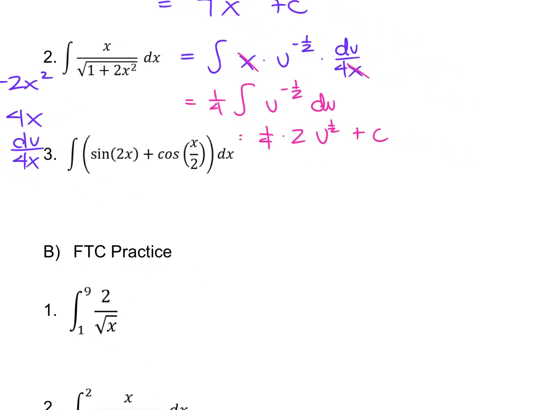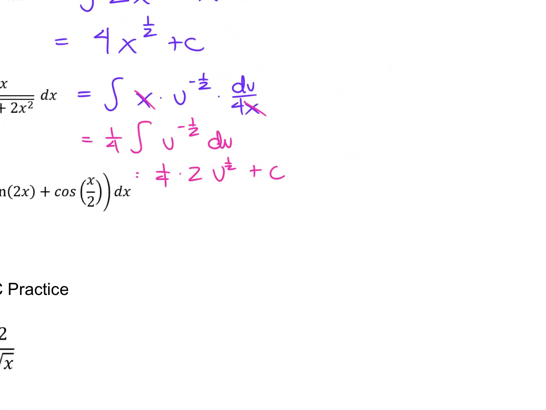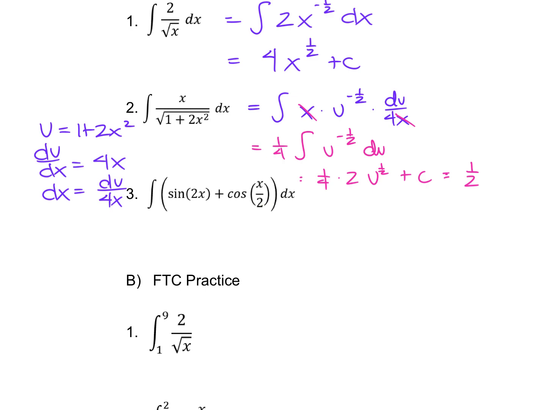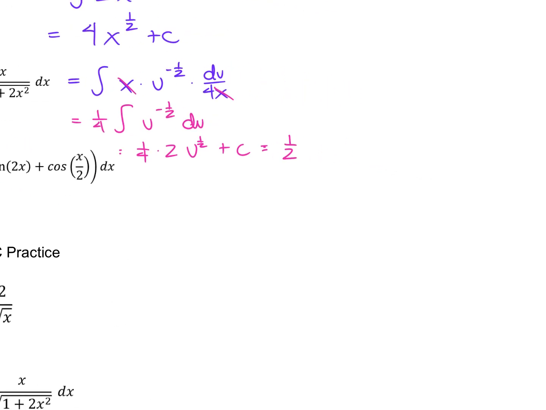C, yeah? So final answer on that one would be 1/4 times 2 is 1/2. And in place of the u, we put back in 1 plus 2x squared. So I'm going to make that square root of 1 plus 2x squared plus c. Yes?